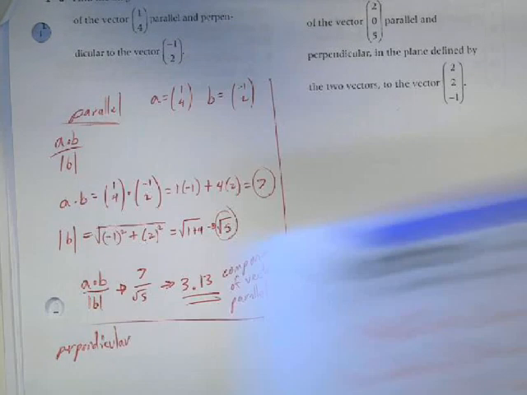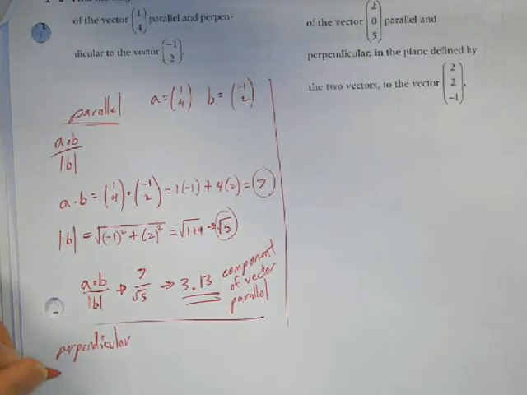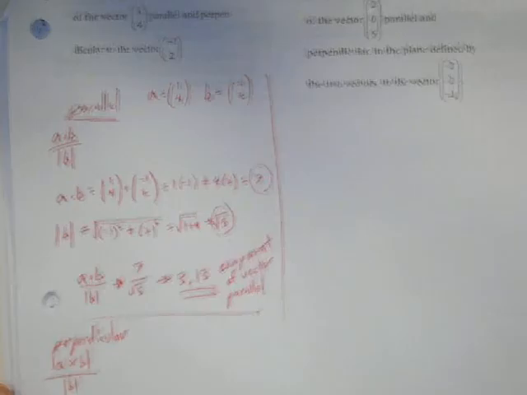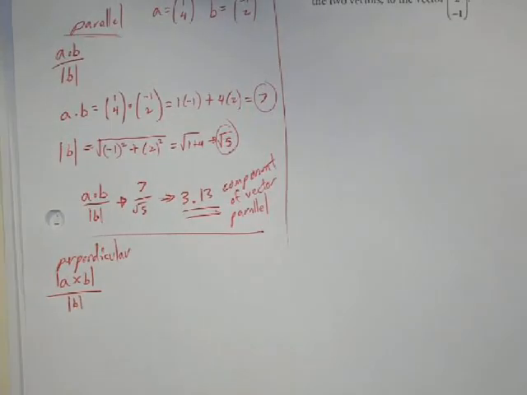When we're dealing with perpendicular, we're going to do A cross B, and then the absolute value of that, divided by the magnitude of B, which we already have. So let's figure out what A cross B is first.